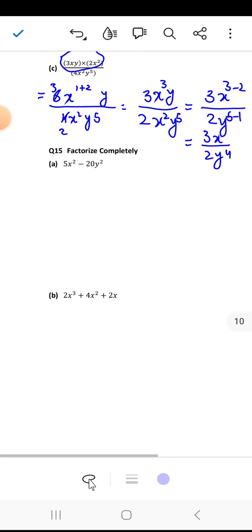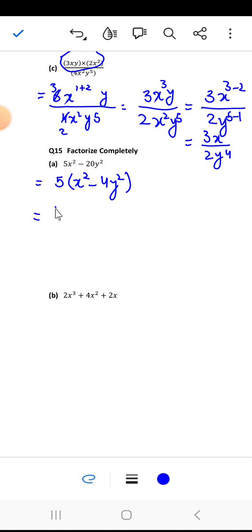Now the question of factorization. So the first part is 2 terms and there is a negative sign. So I know this is formula number 3. First of all, I will take 5 common, because I have learned that taking common is the most basic factorization method. This is the leftover. Now I will see how I can apply formula 3.